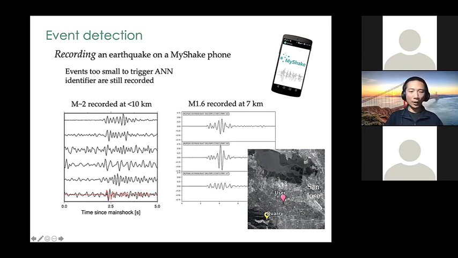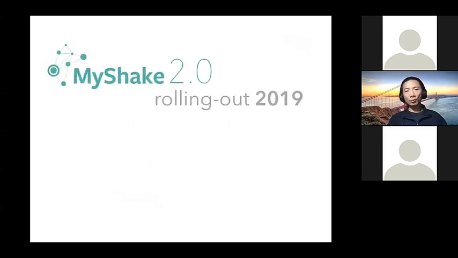The red one here shows one of the nearby seismic stations. Overall you can see the phone can record this signal, but due to the high noise on the phone, the signal to noise ratio is relatively low. All these are from MyShake 1.0.